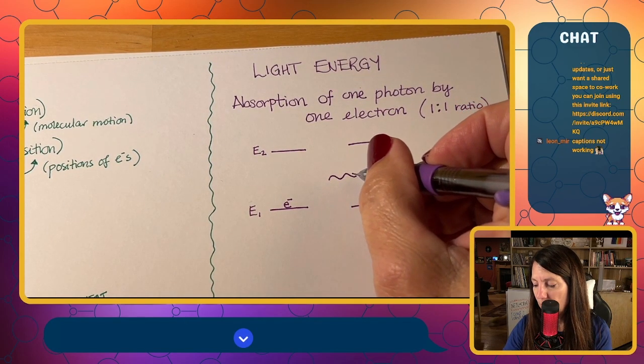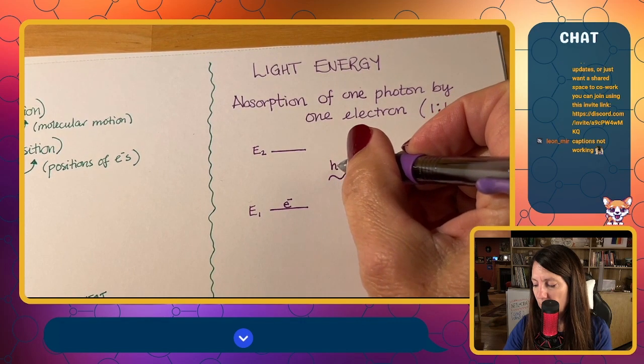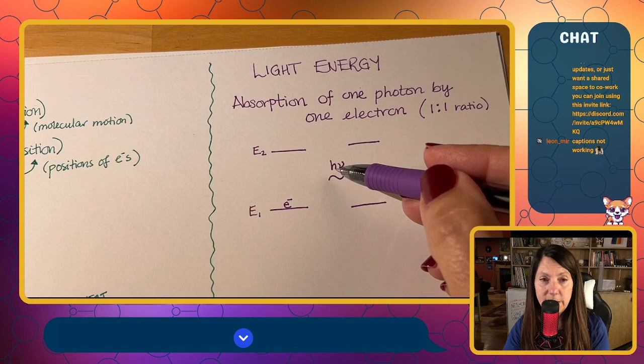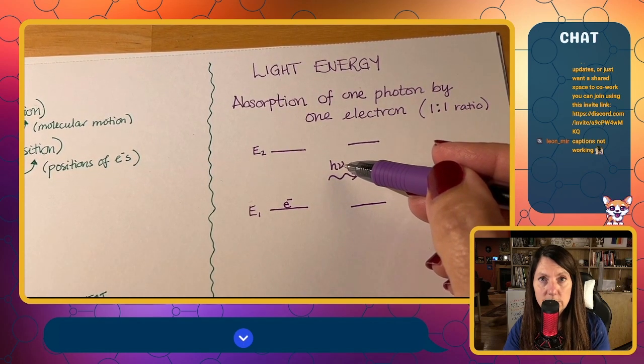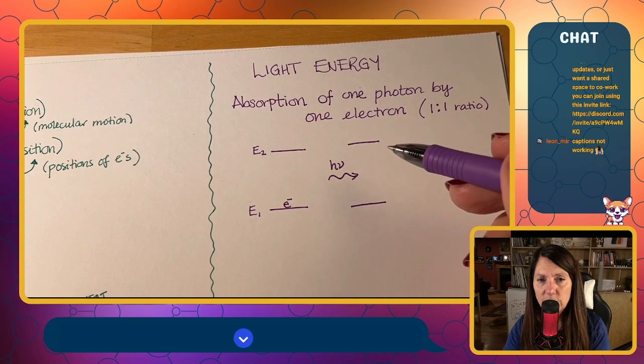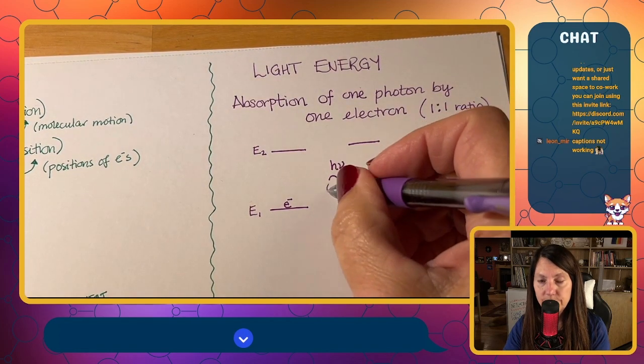And that photon of light, which has some amount of energy that is equal to Planck's constant times the frequency of that energy. But this is our symbol for a photon. Okay, so let me write that here.